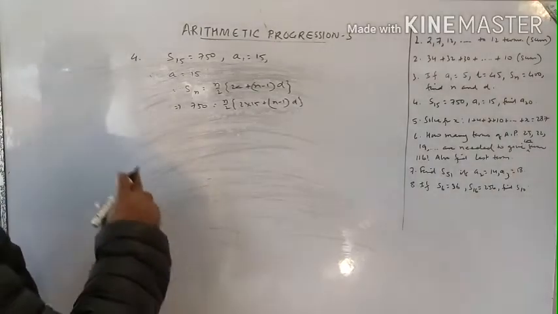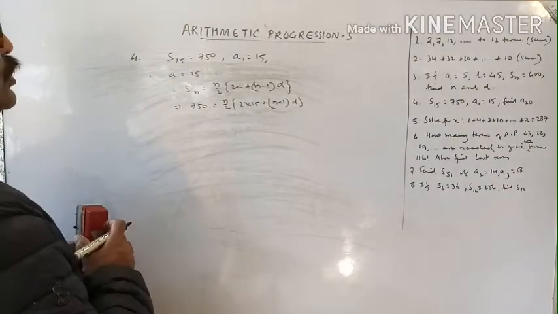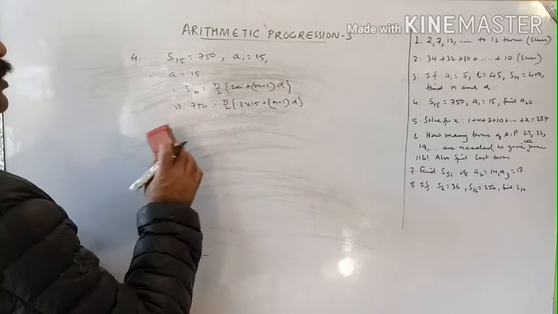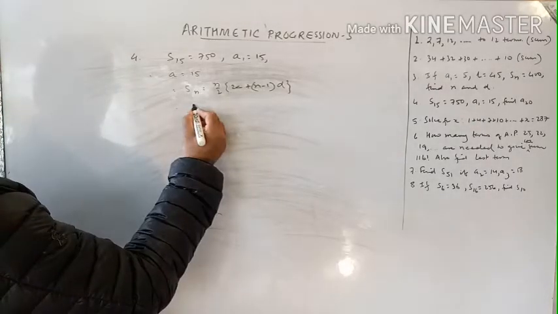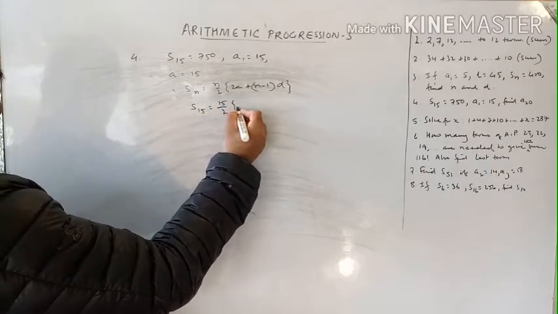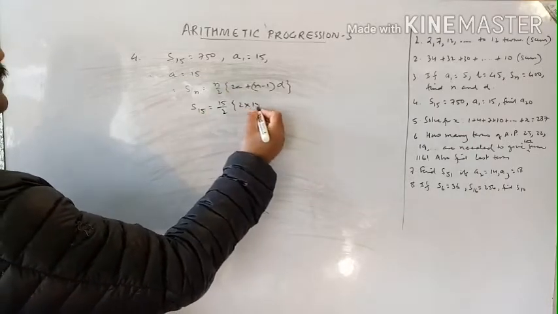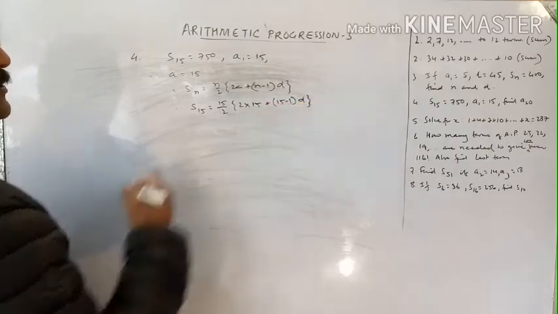So here S15, since the sum of 15 terms is given, we write it this way, it will be easier. S15 equals n by 2 into 2a, a is given as 15, plus n minus 1 into d.